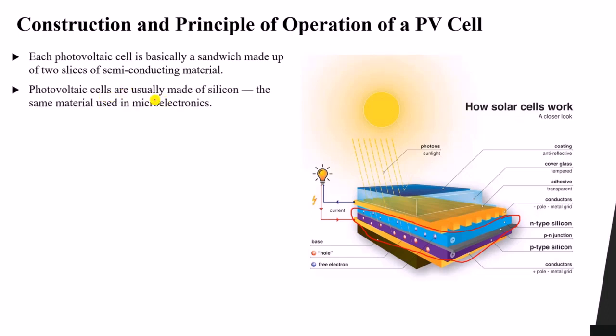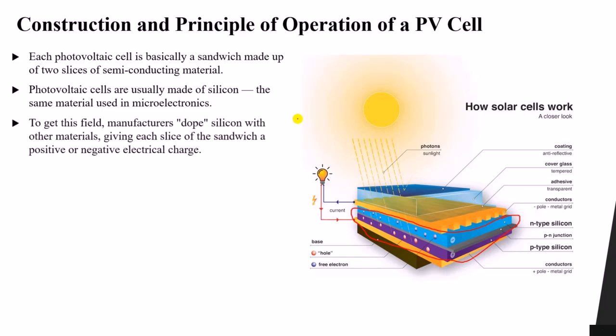Photovoltaic cells are usually made of silicon, the same material used in microelectronics. To get an electric field, the manufacturers dope silicon with other materials, giving each slice of the sandwich a positive or a negative electric charge.